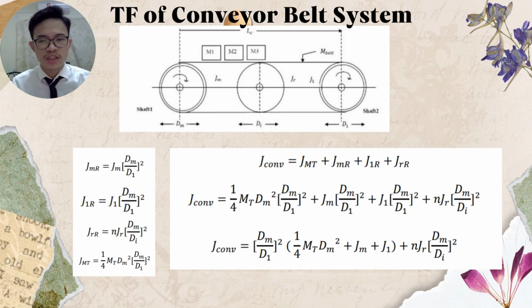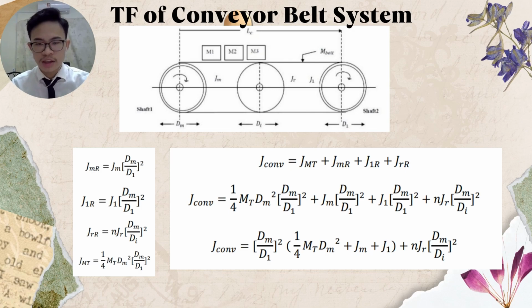The equations are shown on the left hand side. The first equation is for the mass inertia of all rotating components for the driving pulley and shaft 1. The second equation is for the driven pulley and shaft 2 reflected mass inertia with respect to shaft 1.